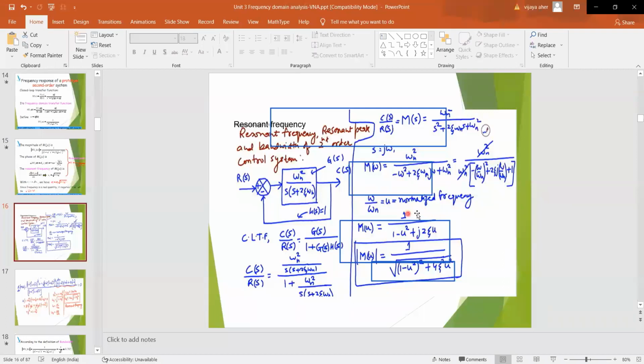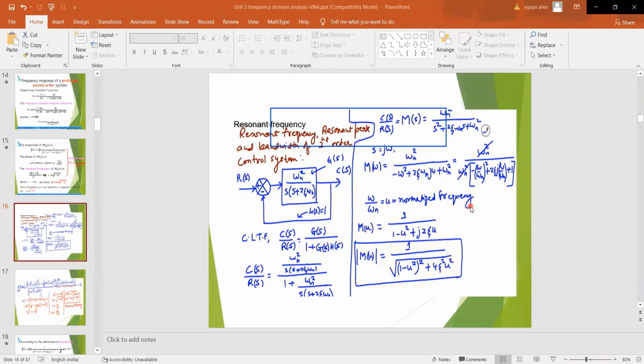Is it clear now, students? Are you with me? So just by putting omega divided by omega n equal to u, what is u? u is normalized frequency.